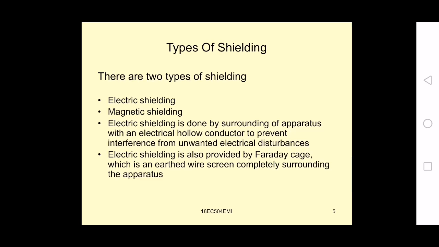Types of shielding are broadly classified into two types: electric shielding and magnetic shielding.